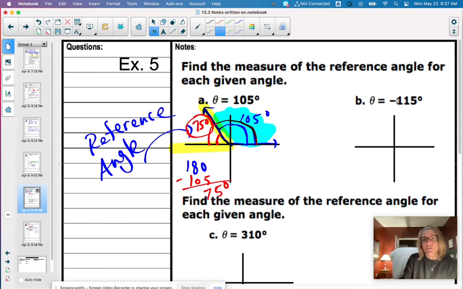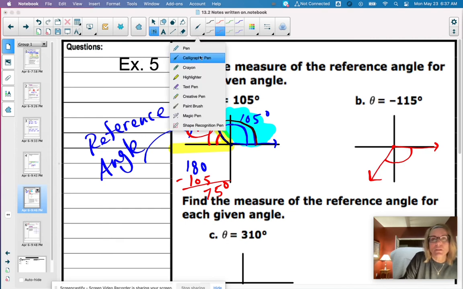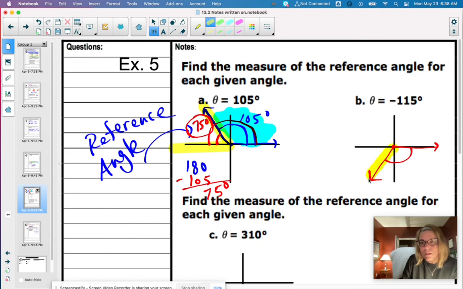On B, we're going to go the other direction because it's a negative. So when I draw, again, here is my initial side. I'm going to travel 90 and a little bit more. There we go. And again, remember, our reference angle has to be acute, it has to be positive, and has to be in between the terminal side and the x-axis. So if I look at this, there's my terminal side. There's my x-axis.